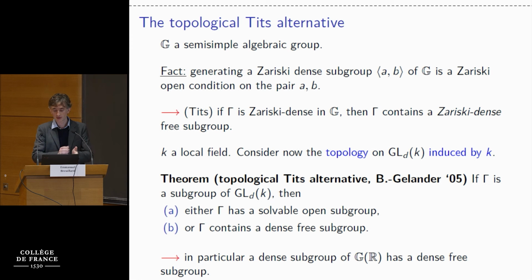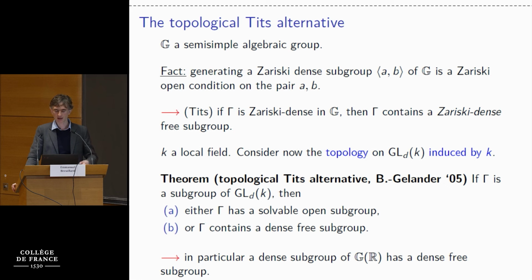So you start with a local field, little k, and you look at GL little k, and this is either a real Lie group or a p-adic Lie group, or it's also true in positive characteristic. And then the alternative takes the following form. The topology is the topology induced by little k.